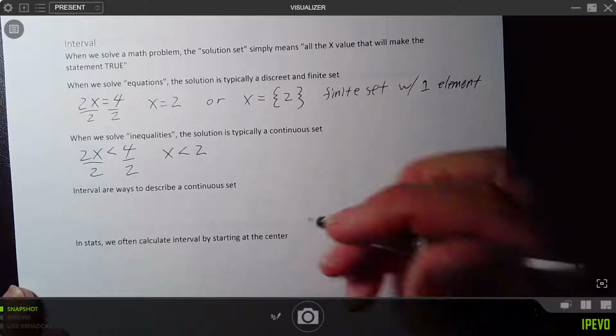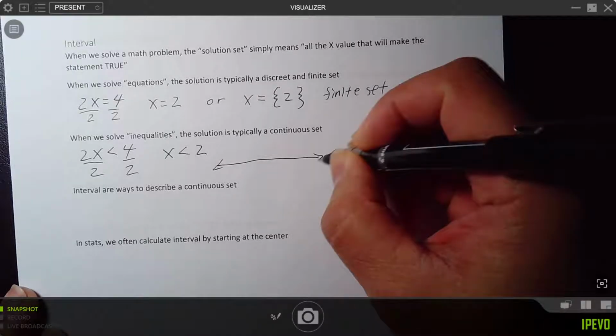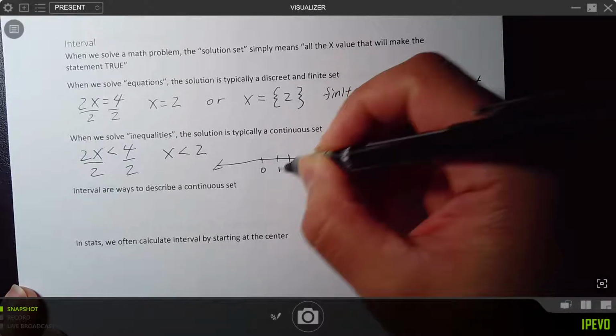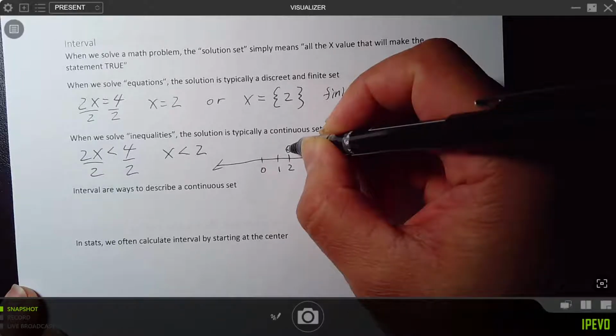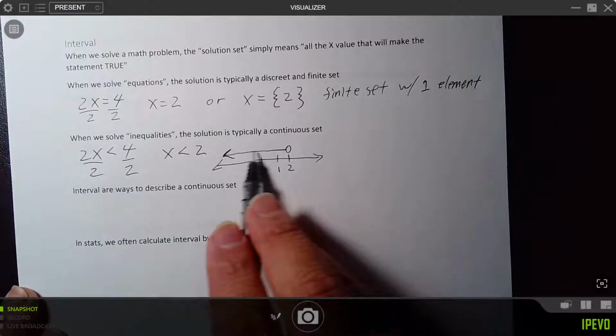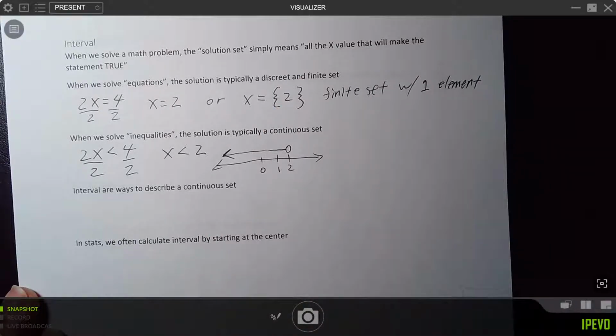Graphically, if I look at it on the graph, I have 0 here, 2 here, 1. Then, thinking back to your algebra class, we usually write it like that, with an open circle. So everything below 2 is the solution. Now we're not going to be solving really any inequality problems in this class.